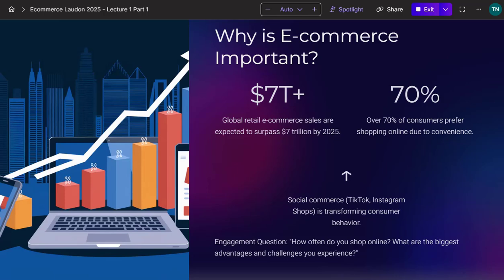The rise of social e-commerce platforms like TikTok and Instagram shops is further transforming consumer behavior and driving more online shopping. So now we have a question: how often do you shop online? What are the biggest advantages and challenges you experience when you shop online?